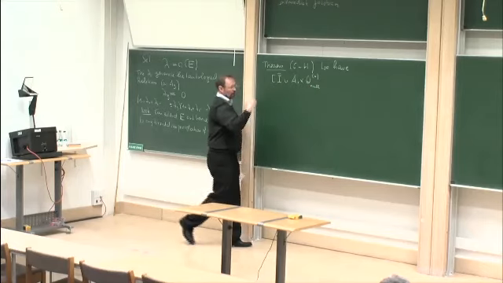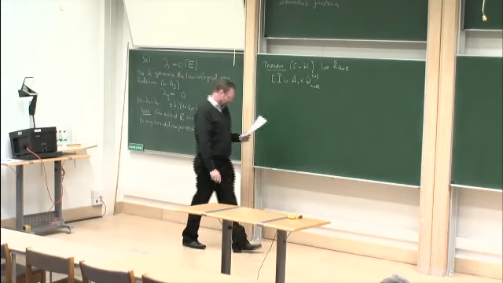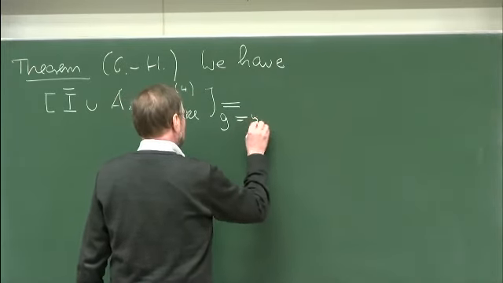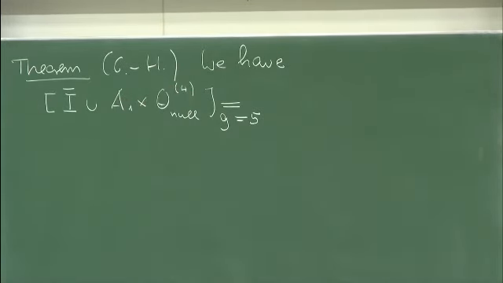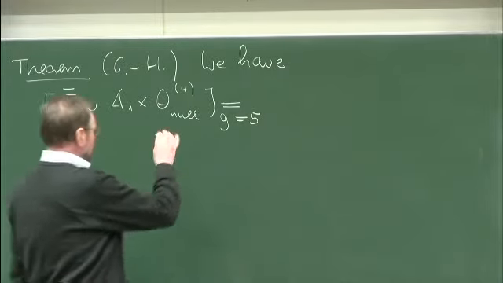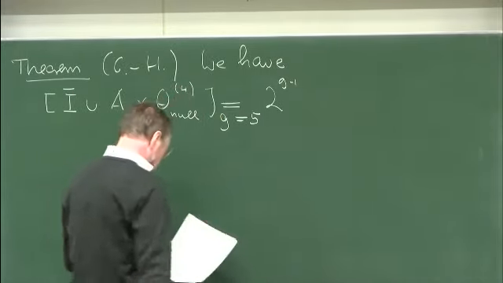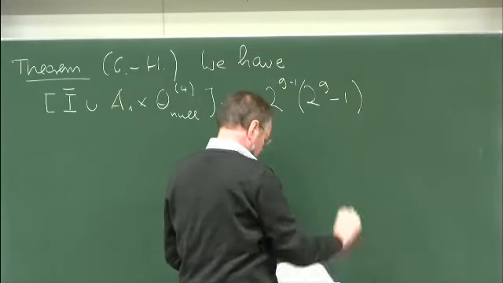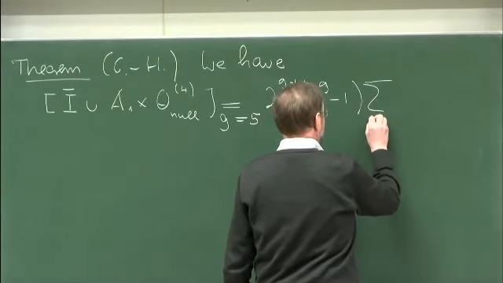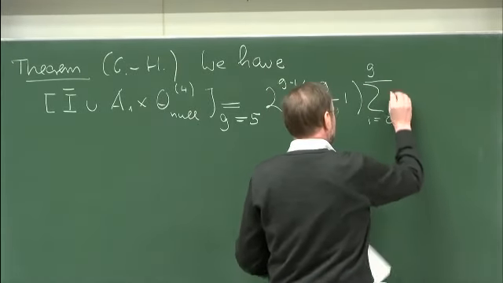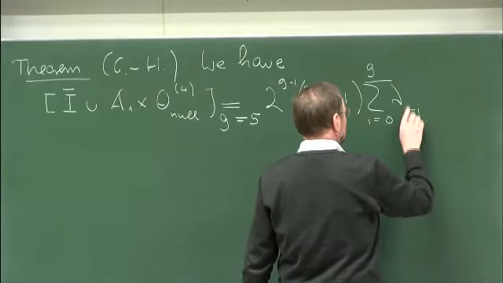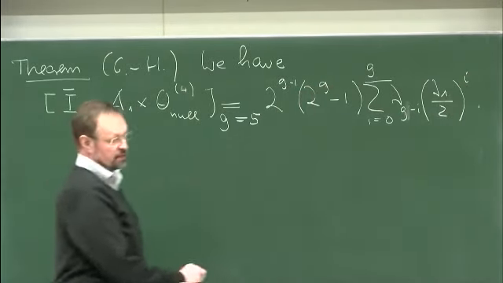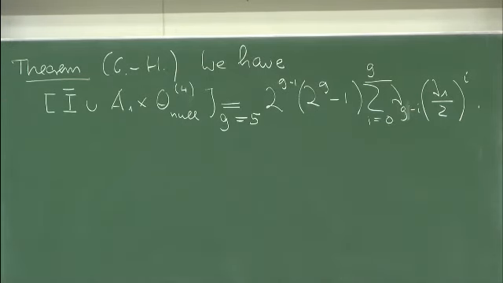A1 and A4 I consider as sitting in A5. And the class of this is the following. I'll write down a general formula because that's much more instructive than the special formula, but we want to then evaluate that at g equals 5. It's (2^g - 1) times the sum over i from 0 to g of lambda_{g-i} (lambda_1/2)^i. So that's what we can prove for this class.